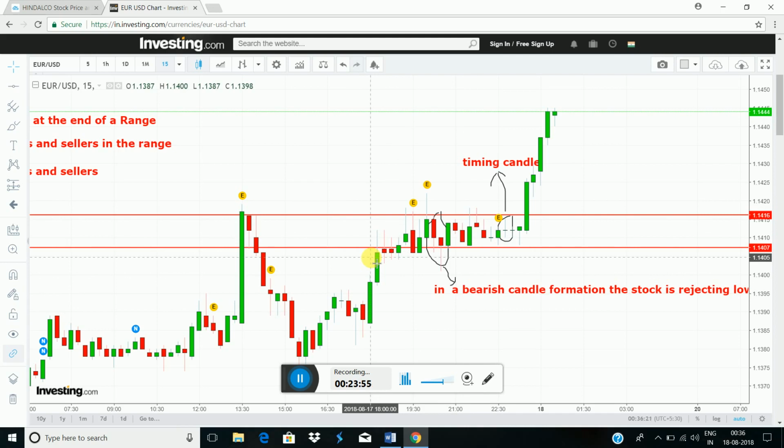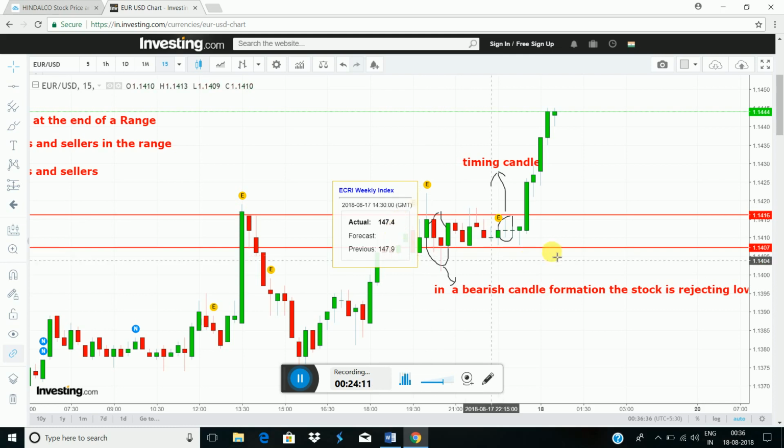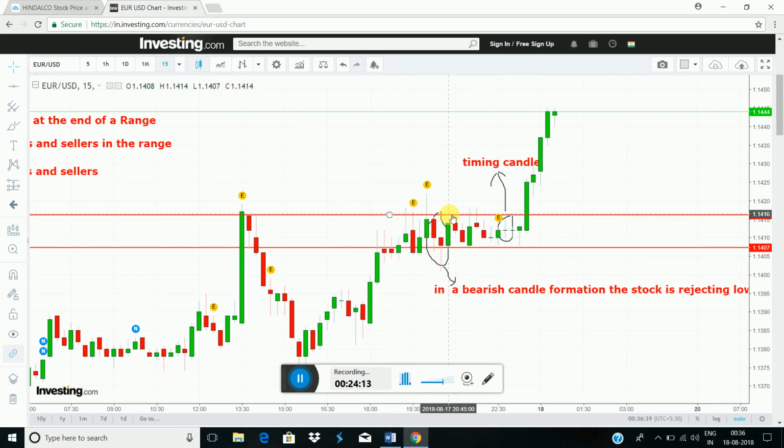So what is my past strength? My buyers are more strong, right? In these two green candles, we can easily see that the past movement which preceded the formation of a range, in that movement, my buyers were more strong.